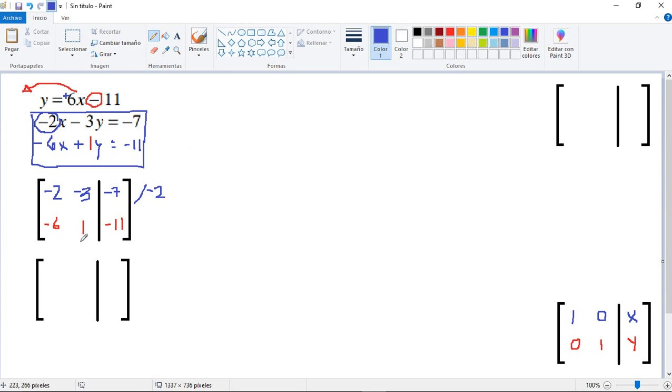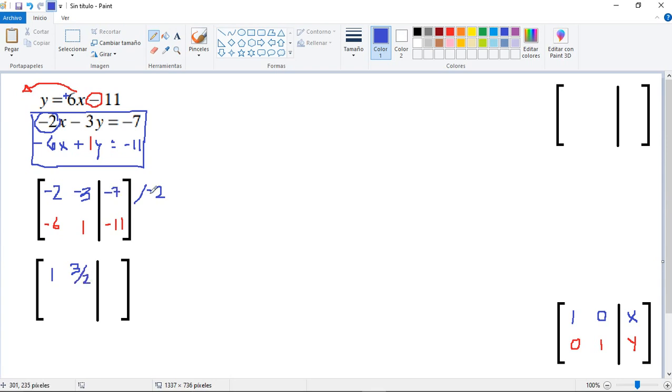So, negative 2 divided by negative 2 equals 1. Negative 3 divided by negative 2, well, negative divided by negative equals positive. 3 divided by 2 equals, well, we're not going to use decimals, we're going to use fractions, equals 3 halves, okay?